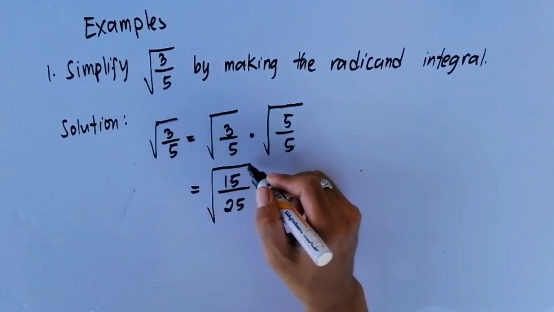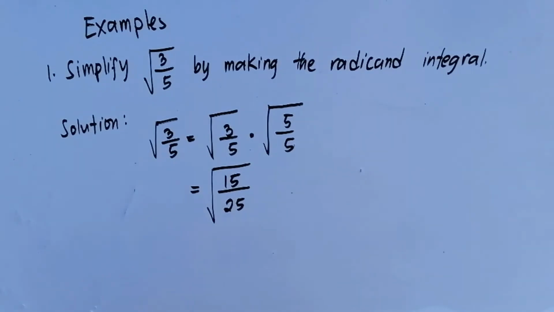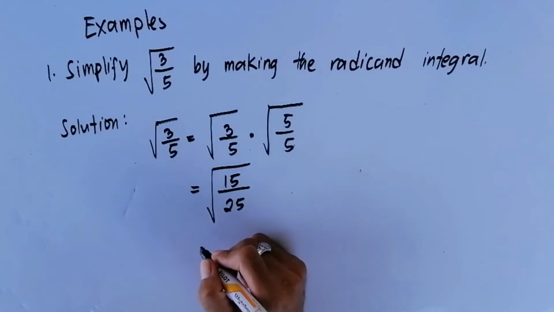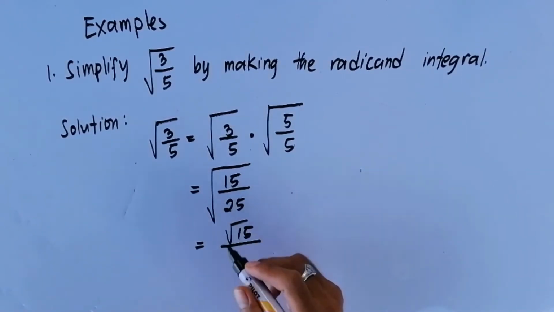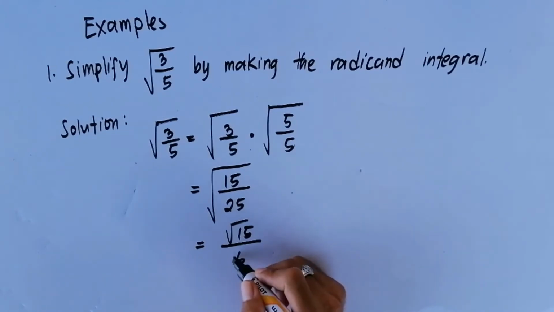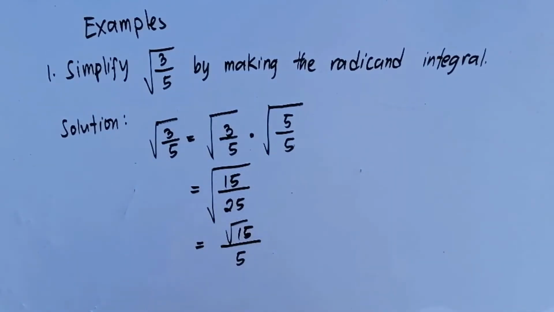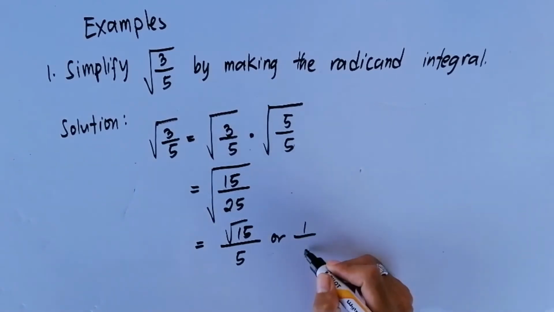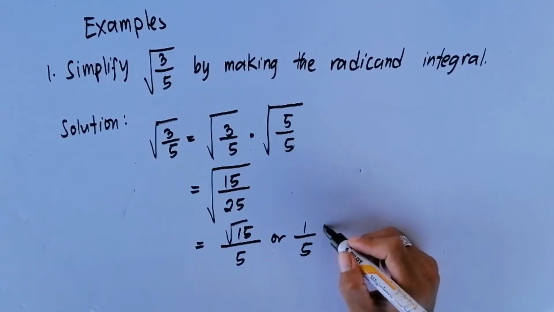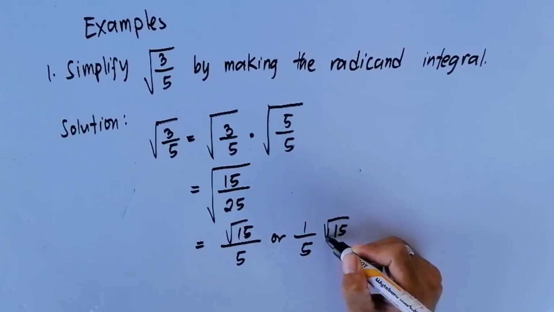The square root of 15 over 25. So we have the square root of 15 over 5, because the square root of 25 is 5, or that is 1/5 times the square root of 15.